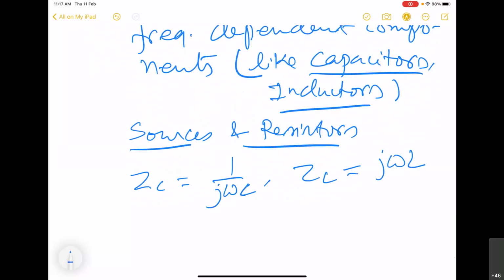So because of this, the frequency dependency will get introduced in the circuit, and the voltage gain expression that you derive will contain these frequency components. And in that case, the plots that we just now saw were flat, completely horizontal. They will no longer be horizontal, they will change with frequency.